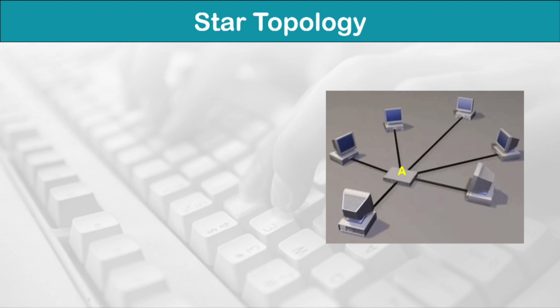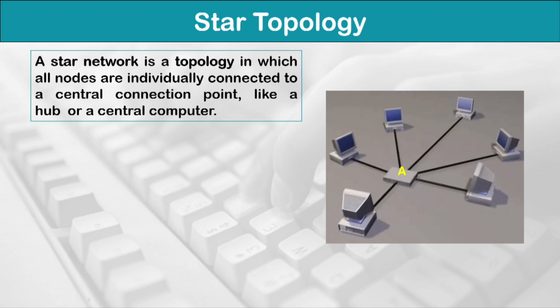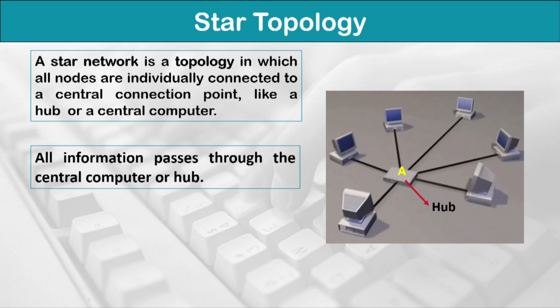The third topology is star topology. A star network is a topology in which all nodes are individually connected to a central connection point, like a hub or a central computer. As you can see on the screen, all information passes through the central computer or hub.